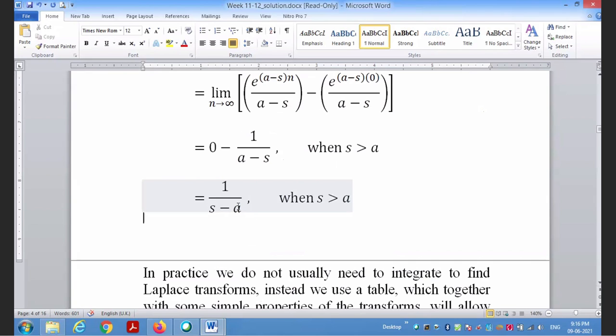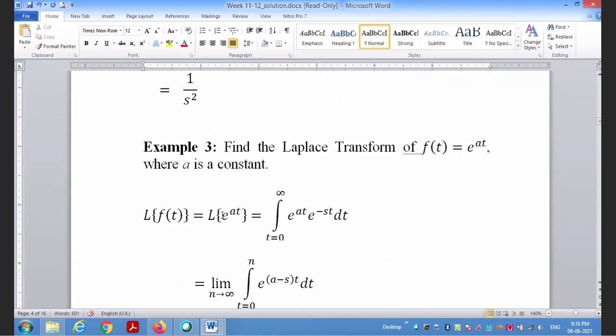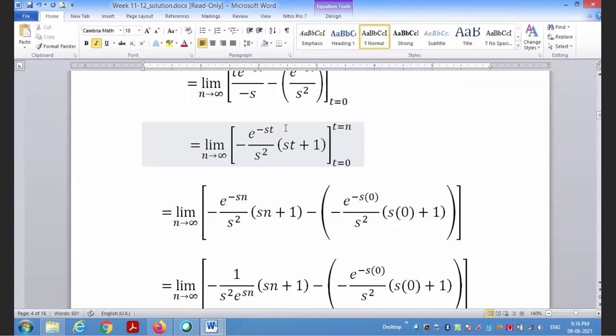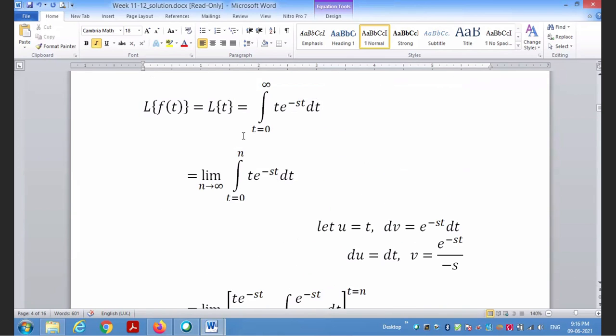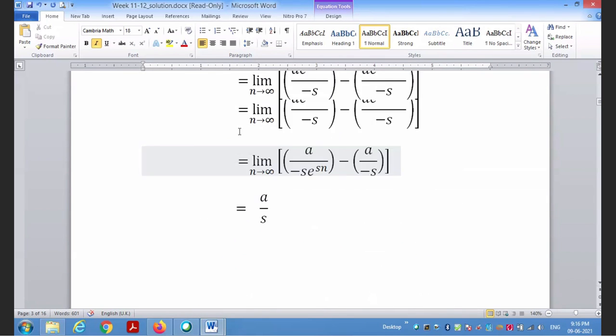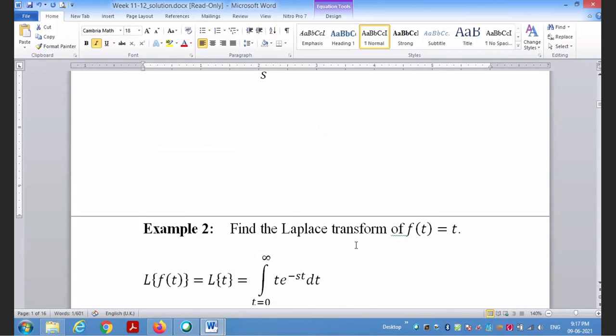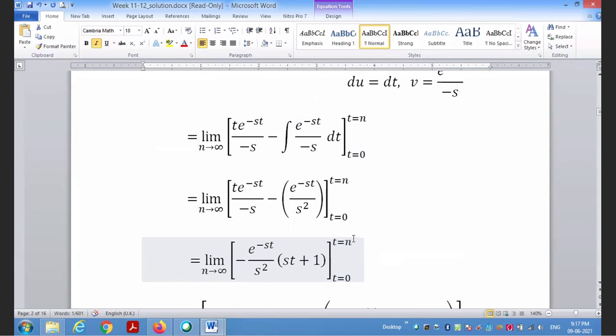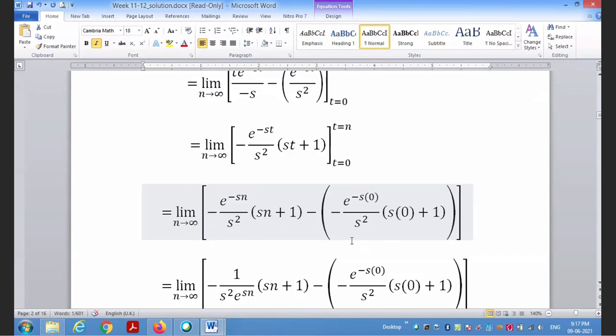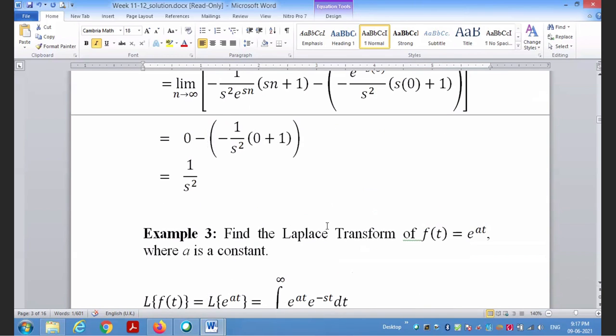This is what you get when you use the definition. But luckily, you don't need to do this unless you are told to prove using the definition.